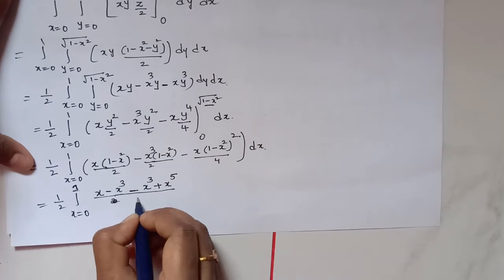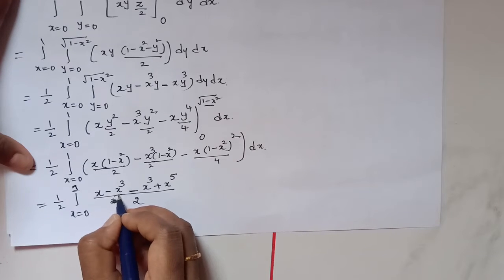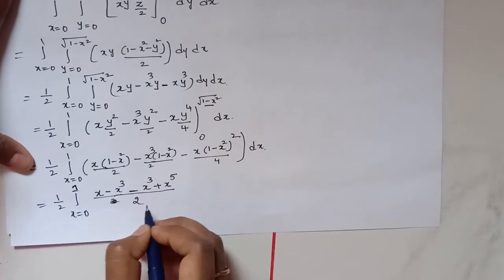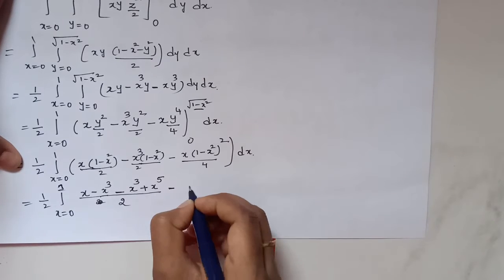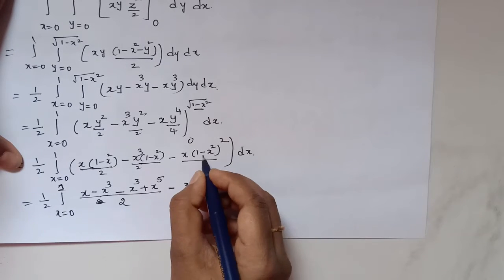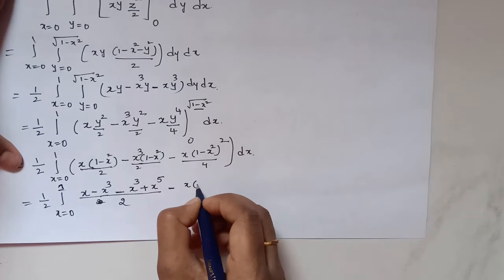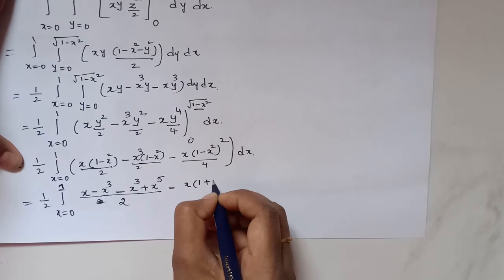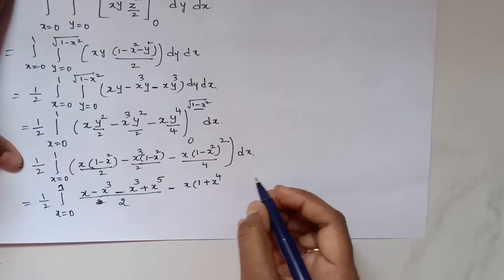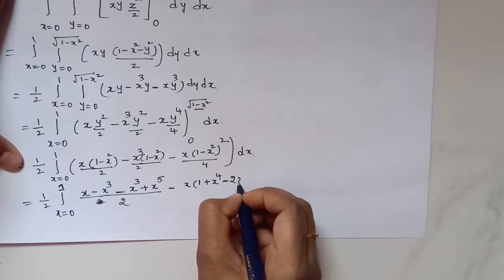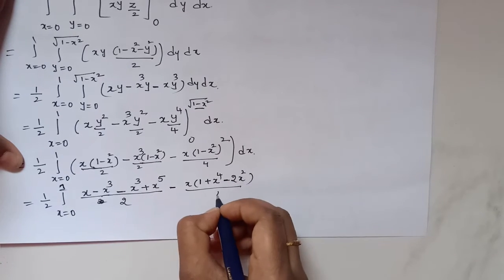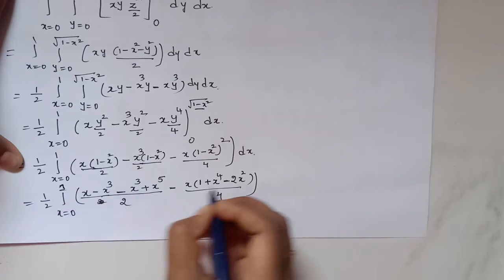So you can write like this: x minus x cube minus x cube plus x power 5 by 2, minus x into, you can expand this by using the a minus b whole square formula. a square plus b square, that is x power 4 minus 2ab, by 4, into dx.